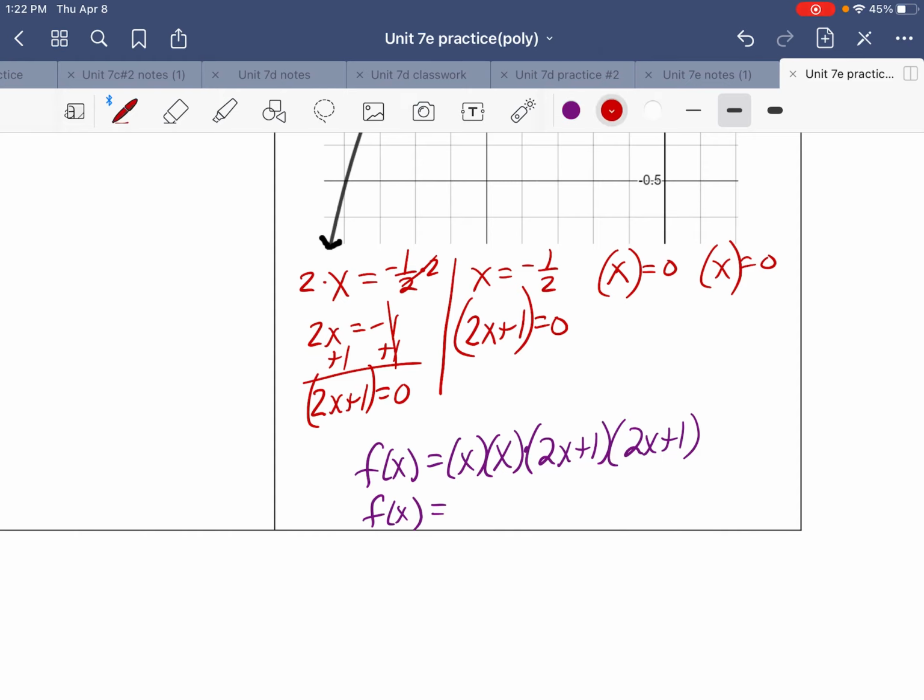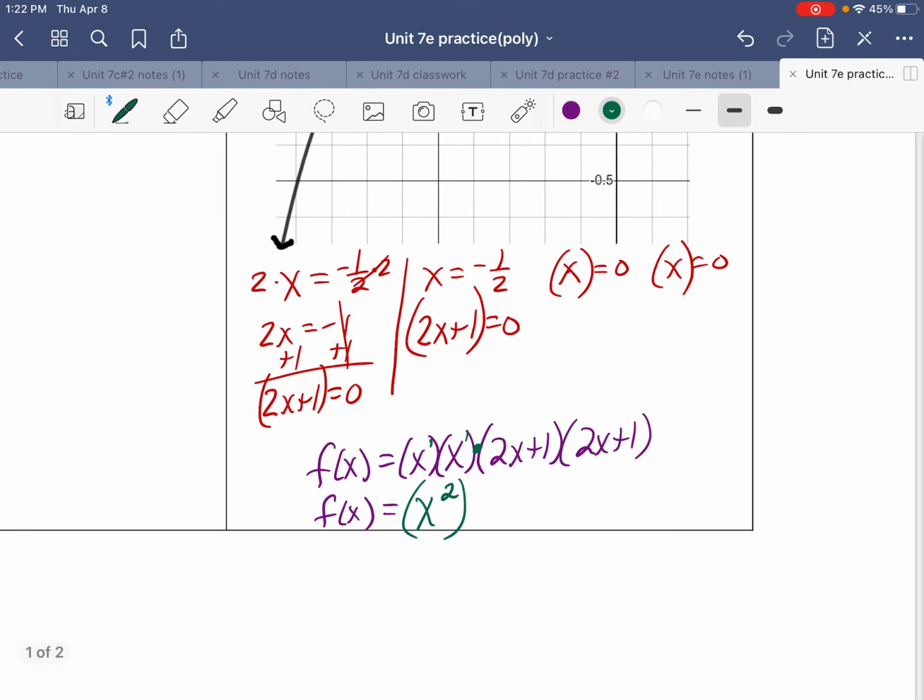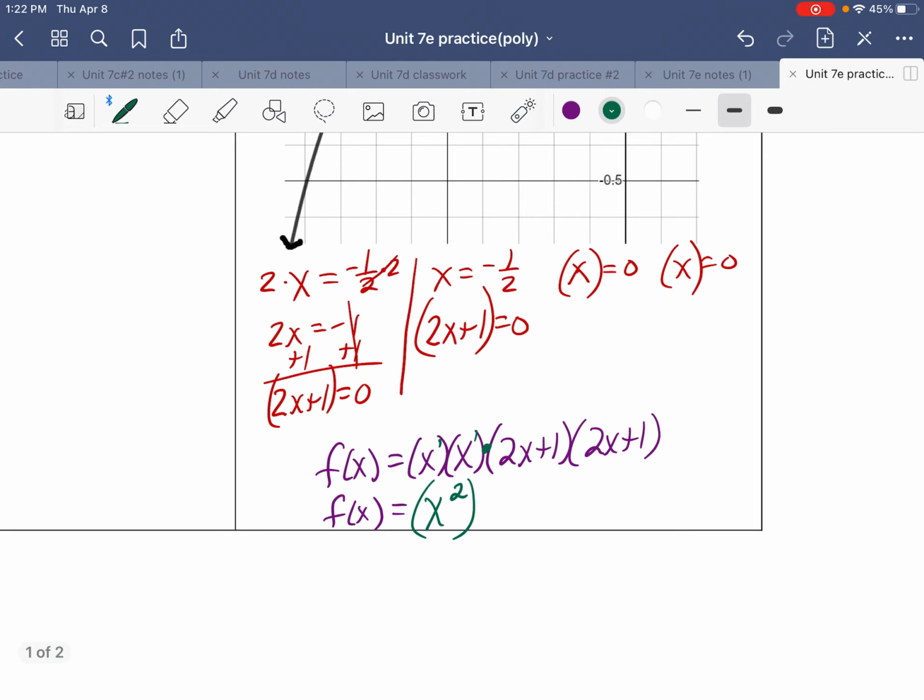So taking the first 2, remember we're multiplying 2 factors at a time, so x times x, that one's easy. Like bases, add exponents to have x squared, and we get to multiply 2x plus 1 times 2x plus 1. We'll do that over on the side of the Punnett square. One of these days I'll be able to draw a nice square.